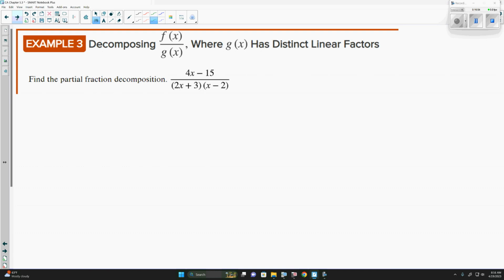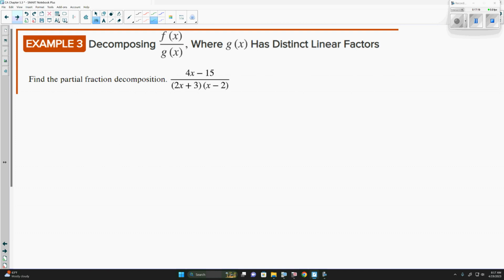Partial fraction decomposition. Find the partial fraction decomposition of this here. Now, I'm going to be perfectly honest with y'all. Out of everything, I really do enjoy partial fraction decomposition. Because once we see how they work, there's nothing really too overly complicated with finding these values.